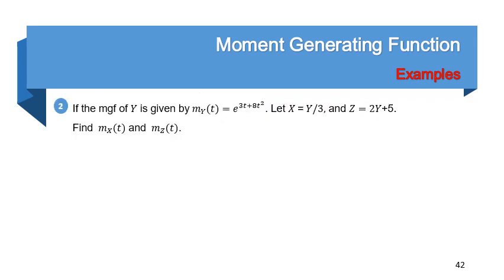This is another example that I can give you, a ready-made moment generating function. This way it has a form like this way, 3t plus 8t squared. Then I need you to work with x, which is like I multiplied the y by 1 over 3, because if you look at it carefully, this is like I said it's 1 over 3 like this multiplied by the y.